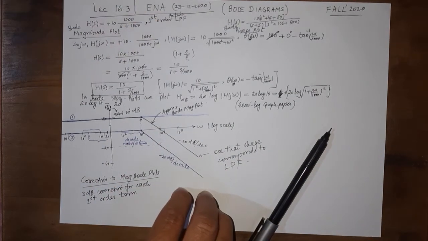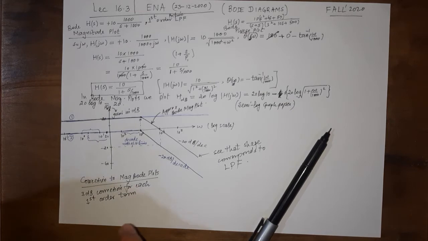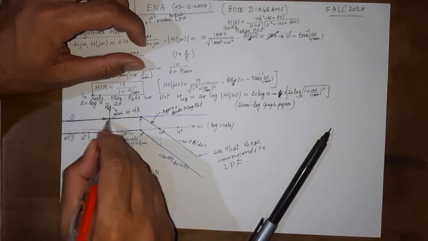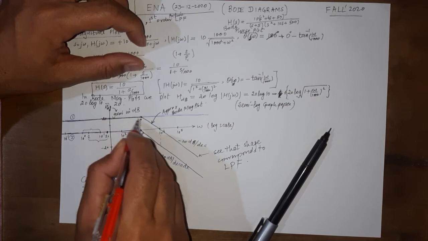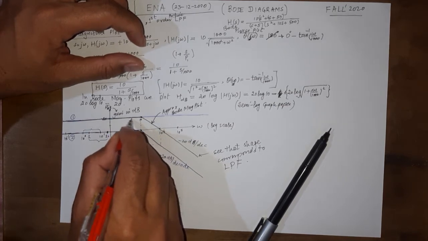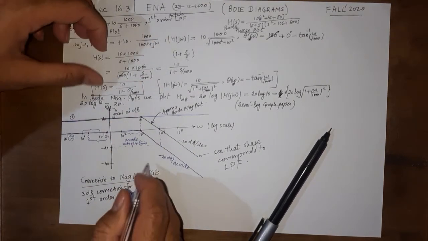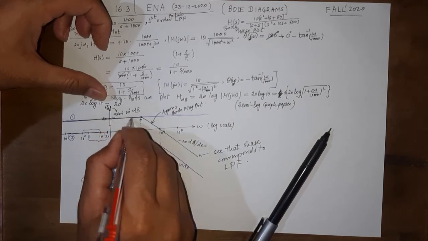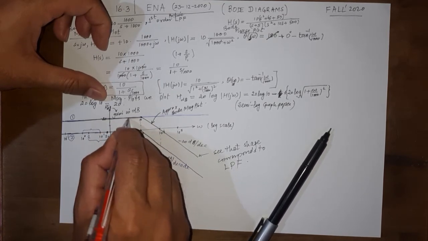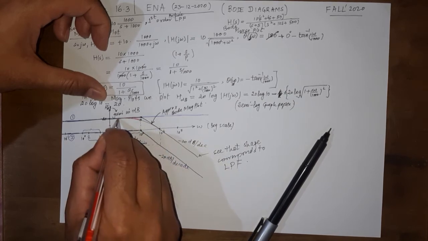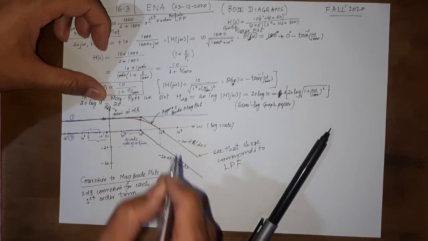And we can take a different color pen to draw a corrected magnitude plot, which essentially is the same at all points except at this point where you have to join the two straight lines in a smooth fashion.